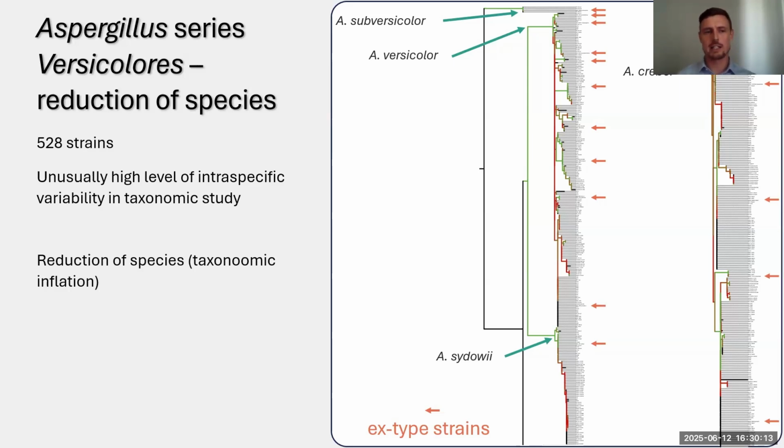And as I already said, we decided that the number of species should be reduced, because at this level of sampling we saw that the other way of dealing with the revision would be describing an extremely high number of species, which would be really unreasonable. There would be no morphological or phenotypic basis for describing all these species. So in the end, it really only made sense to reduce the number of species.